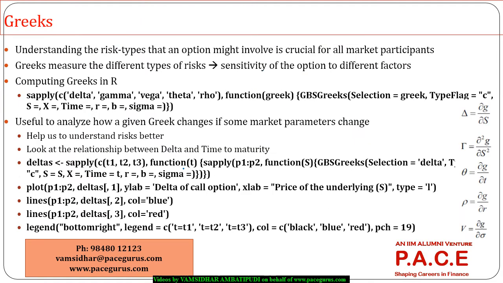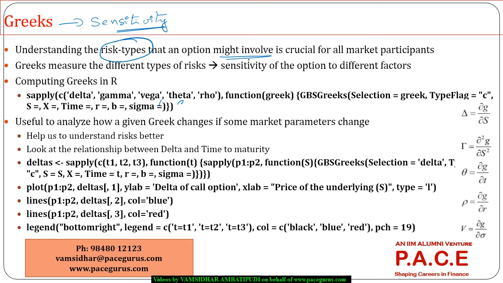Now, the next part that we are looking at here is the Greeks. Greeks talk about sensitivity, right? How the option premium changes with various variables. What is the sensitivity of the option price? So why do we really need to understand the Greeks? First, they majorly help us understand the different risk types an option might have.